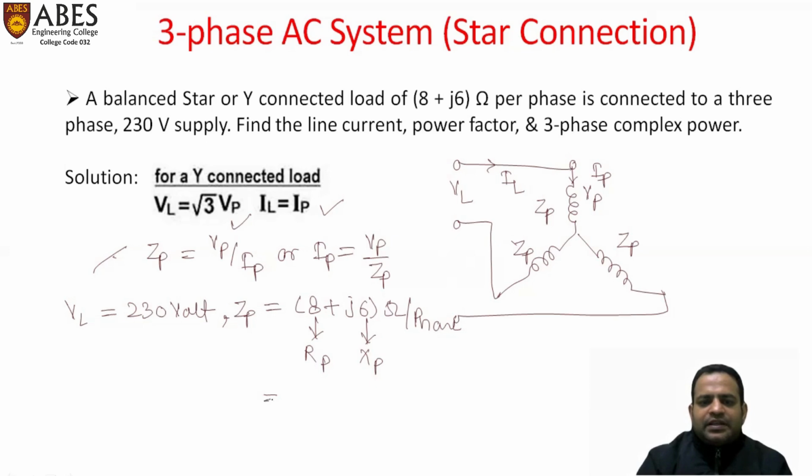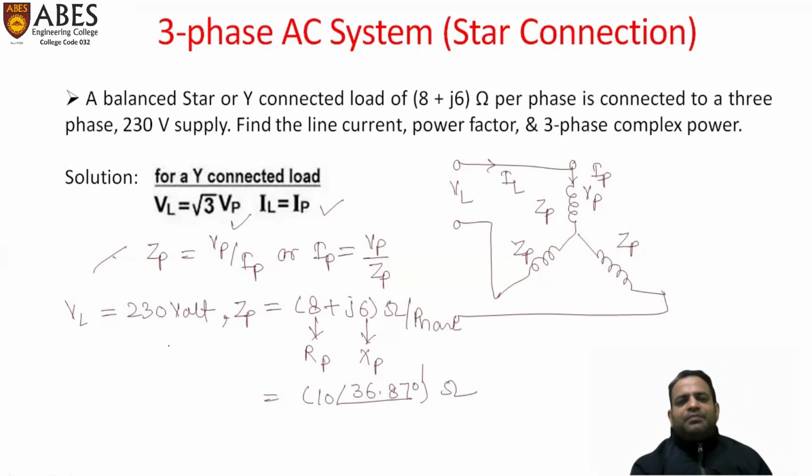So what is the polar form of this 8 plus J6? This is 10 angle 36.87 degree in ohm. You can calculate by using calculator. So we have ZP, we have VL.